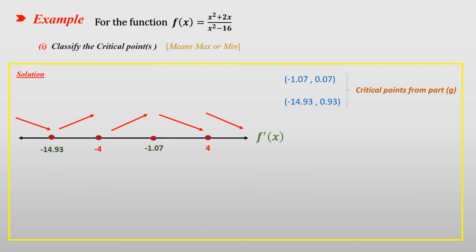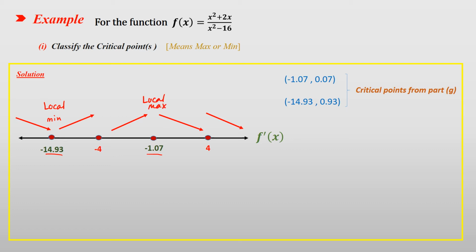In part I, you have to classify the critical points, okay, maximum or minimum. These are the critical points from part G. We have negative 14.93 and negative 1.07. So between decreasing and increasing we have local minimum, and between increasing and decreasing we have local maximum.